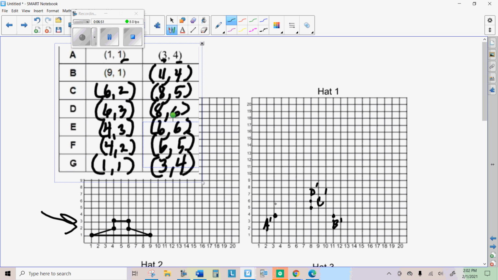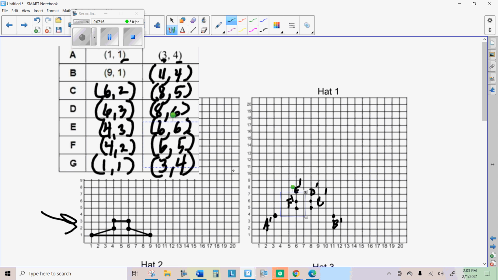The image of E is 6,6. The image of F is 6,5. And the image of G is back to the beginning again at 3,4.